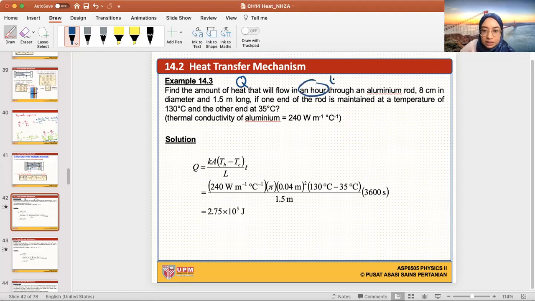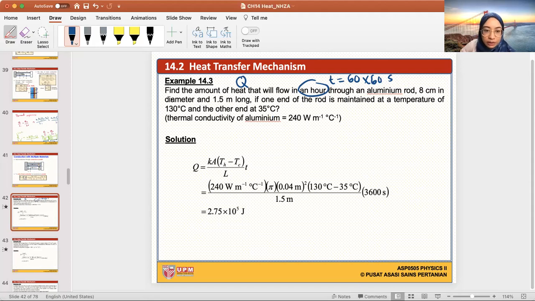But your T is equal to, if we are talking about in SI units, your T is 60 minutes times 60 seconds. So this will give you seconds. Okay, so it's asking you what is Q that will flow in 1 hour or 60 times 60 seconds through an aluminum rod, 8 centimeter diameter.